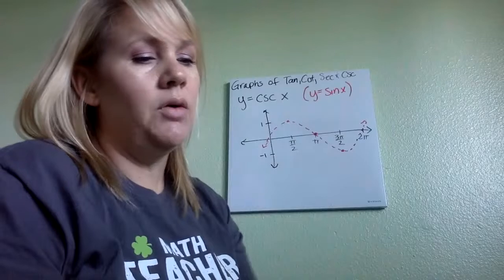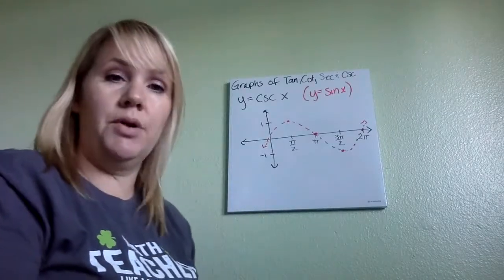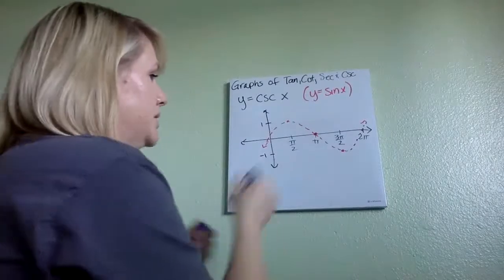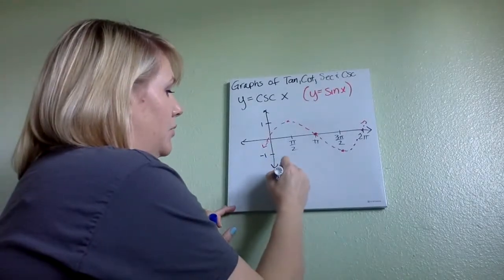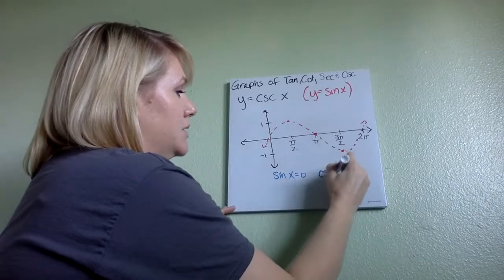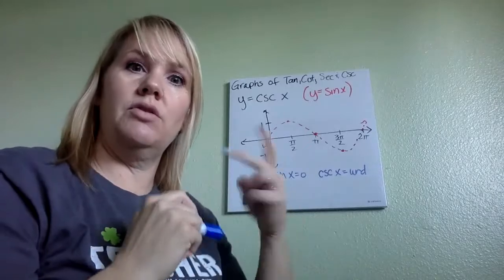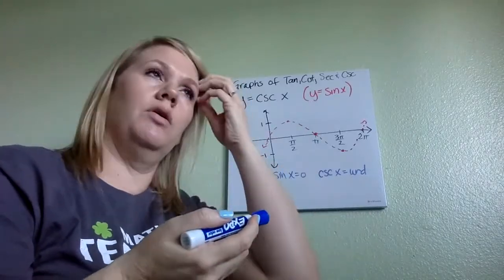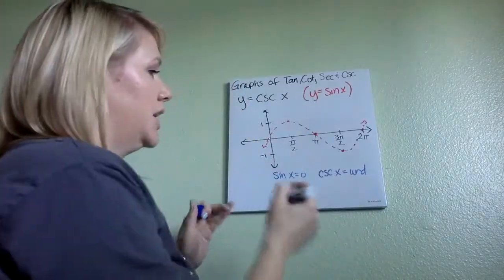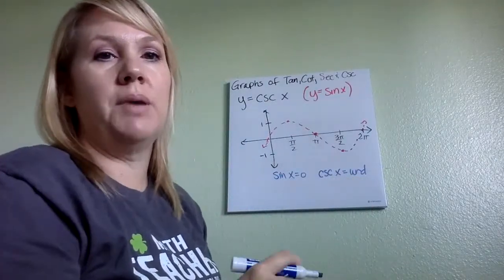Then if I'm going to graph the cosecant function, which is the reciprocal, anytime the sine function has the value 0, the cosecant would be undefined. Makes sense? You take 0, you flip it over, then it's 1 over 0, or something over 0, in which case that's undefined. Graphically, undefined shows up as an asymptote.